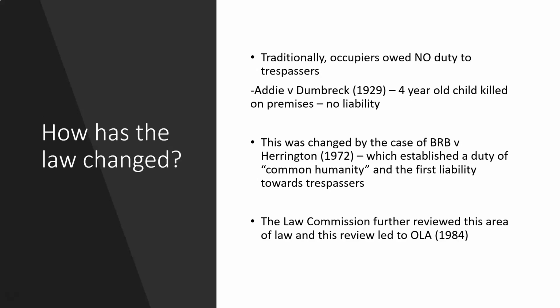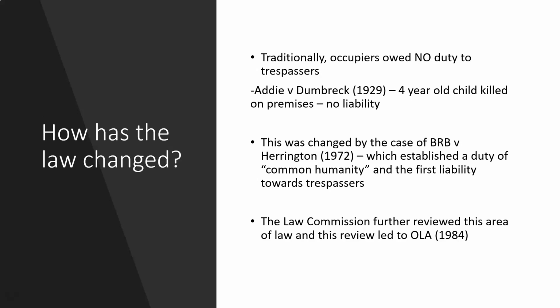By 1972, however, a case changed the law massively on this, and it was British Rail Board, or BRB v Harrington, and in this, there was basically a construction site or a sort of railway site, and they knew kids played in the area, and there were holes in the fences, and they left all this sort of dangerous equipment out, and a child basically came onto the premises and was seriously injured, or I think perhaps they even died.